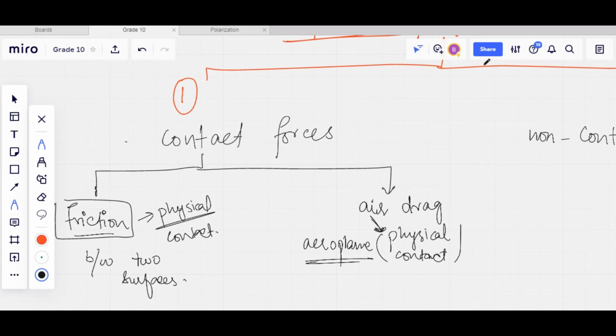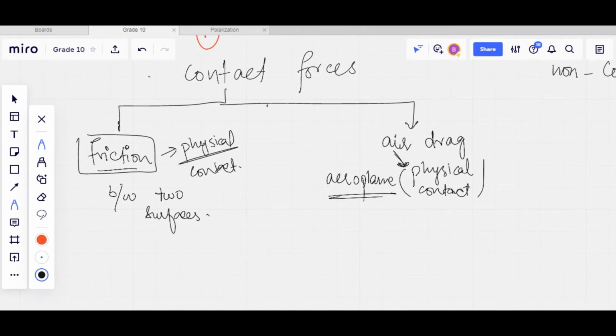So those forces which appear because of physical contact are considered to be drag forces. Viscosity is one of them. Viscosity is a property which opposes the flow of fluid. And why does it oppose? Because the fluid is in contact with another surface, which makes the fluid move slowly.